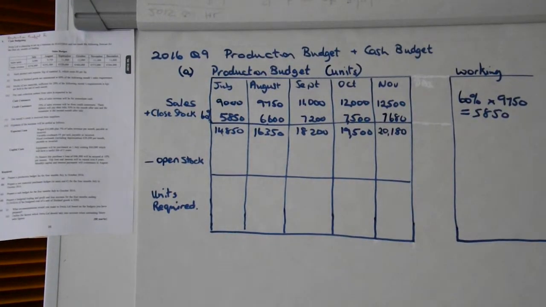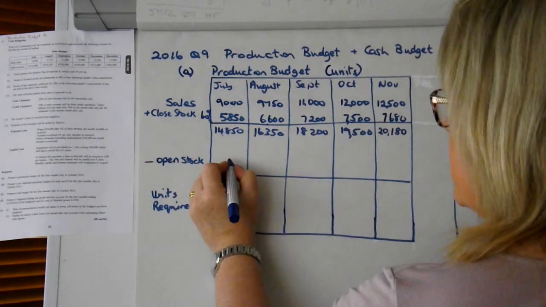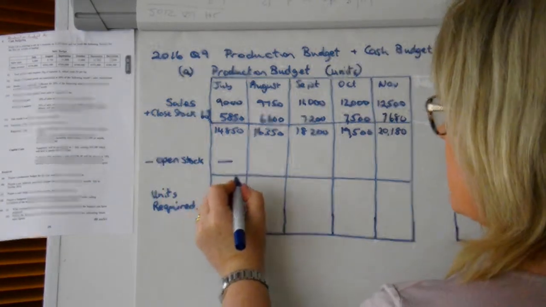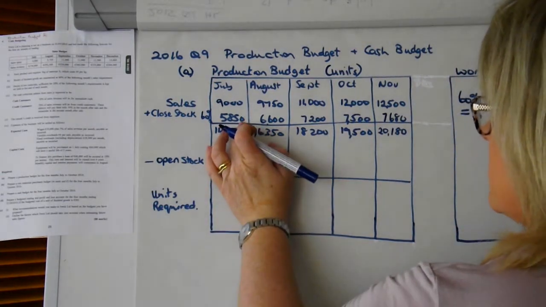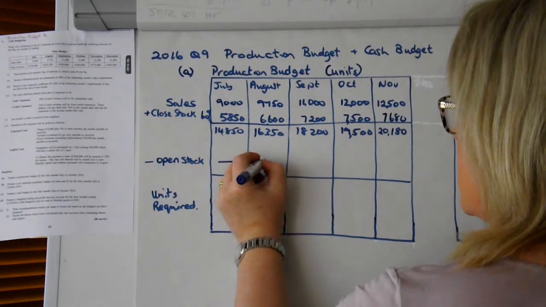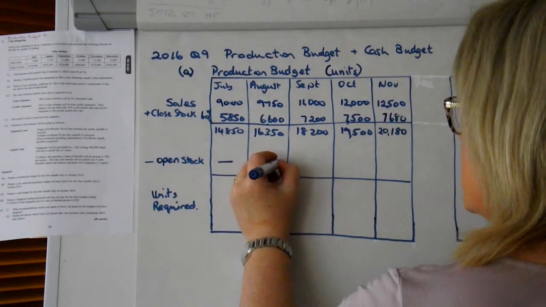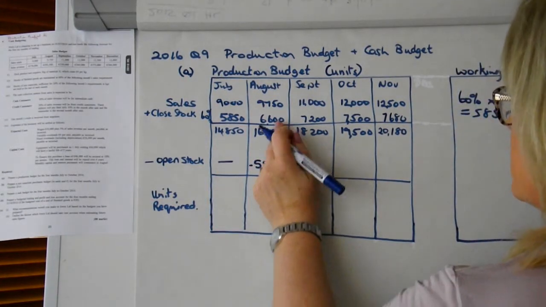So the next piece then is the opening stock, and it's a startup company, so there's no opening stock for July, and our opening stock for August is what we close with in July. So this figure 5,850 carries forward to the next month as our opening. So we'll be minusing that and so on.